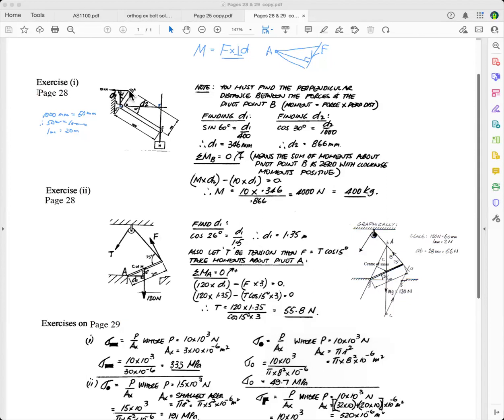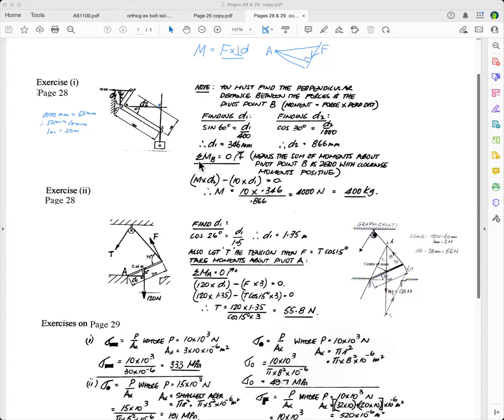So the moment of that force has to equal the moment of this force to keep it in equilibrium, rotating about that point. And we've found the perpendicular distances there. And so you have to make a statement here. This sigma means sum, the algebraic sum.